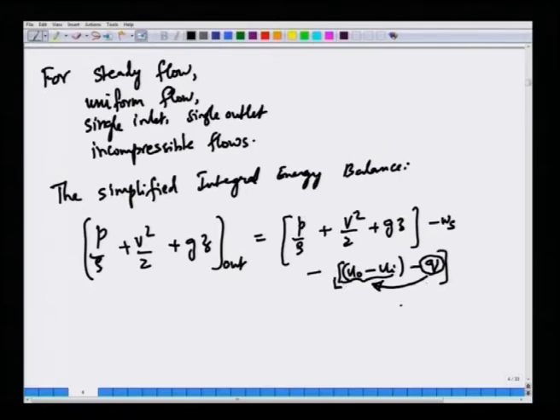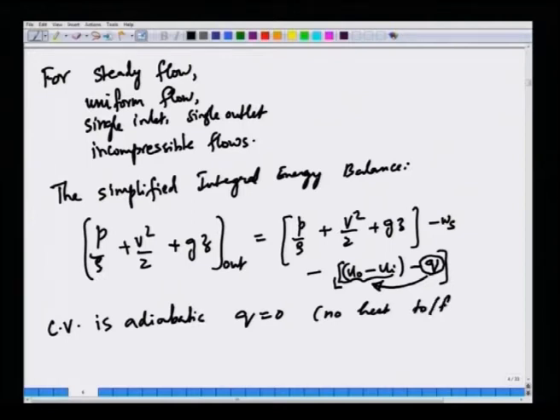Okay. But suppose for the moment, let us say that the CV is adiabatic, that is when the CV is adiabatic, Q is 0, no heat transfer to or from the fluid. Okay.